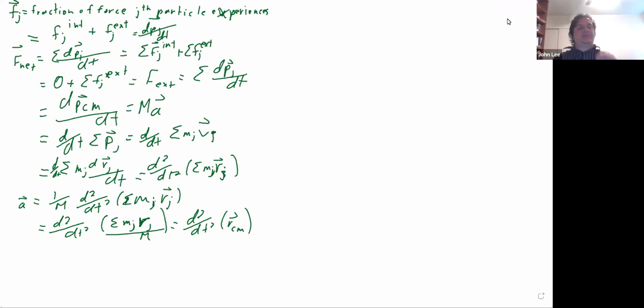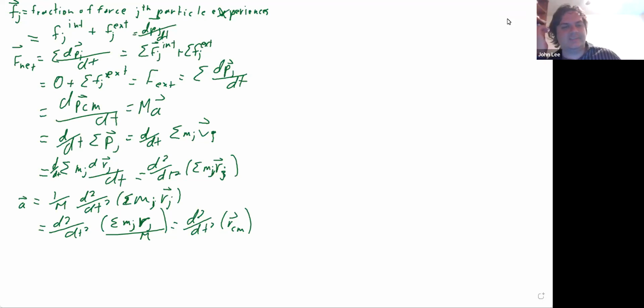So this tells us that the acceleration is equal to 1 over the mass times d squared/dt squared sigma mj rj.